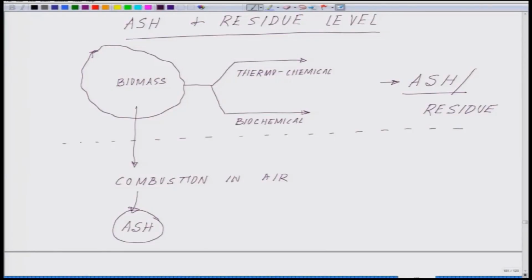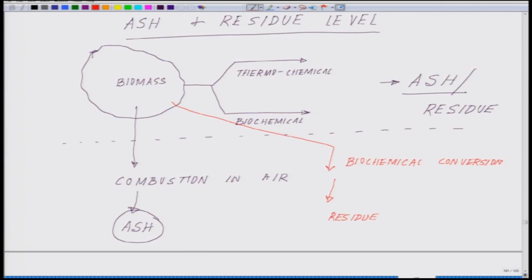Coming back again to the slide. Now, if you convert it instead through the biochemical route, and this biochemical conversion could be in several ways, the percentage of solid residue you get out of it falls under what we call the residue.